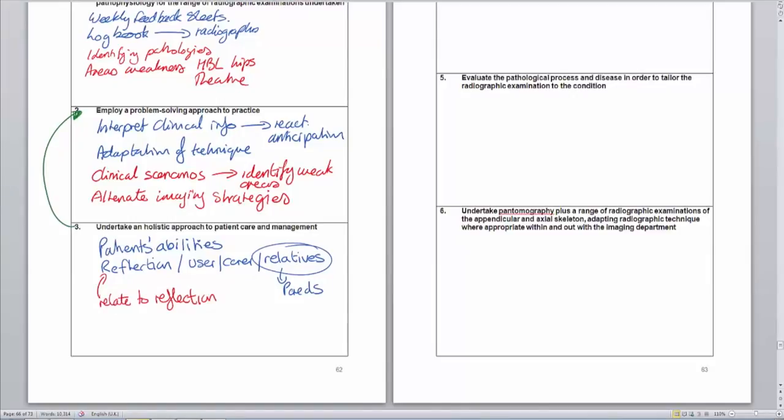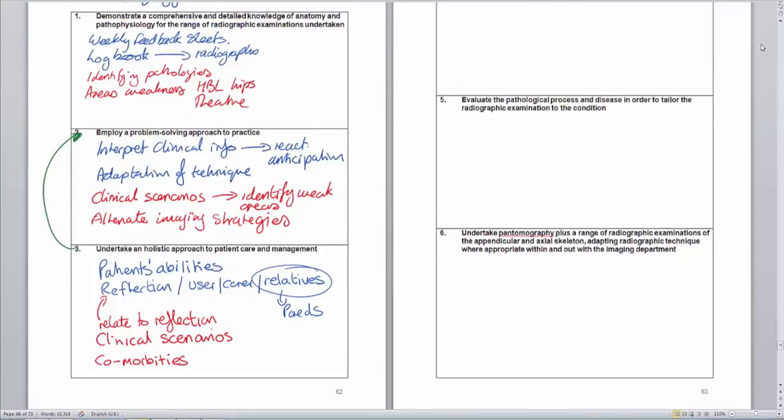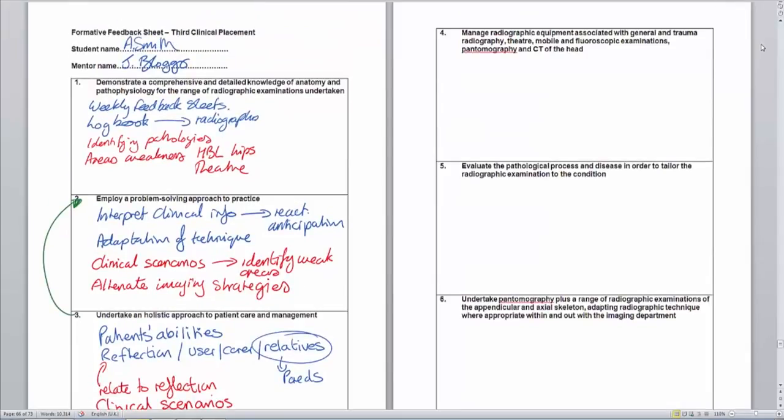You might also again want to look at things like clinical scenarios, again possibly with a different emphasis to the one above, looking at how best to care for a patient who perhaps has other comorbidities as well. So perhaps asking the student about how other comorbidities can affect patient presentation.